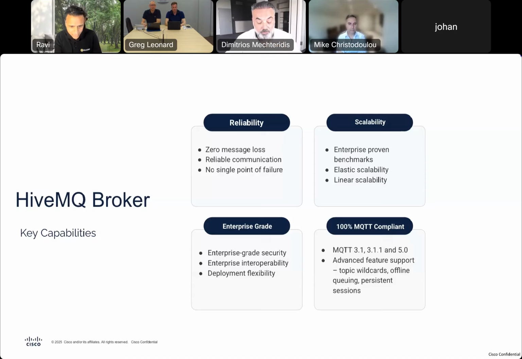Third is security, which we already talked about. MQTT itself is built with a lot of security, but on top of that we provide enterprise-grade security for data at rest and data in movement, data encryption, certificate-based authentication, and secure access controls. And we are compliant with MQTT 3.1, 3.1.1, and 5.